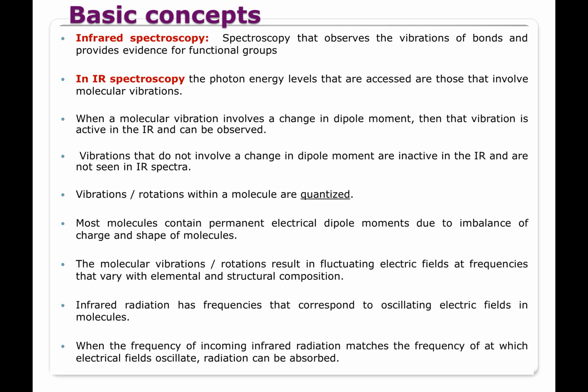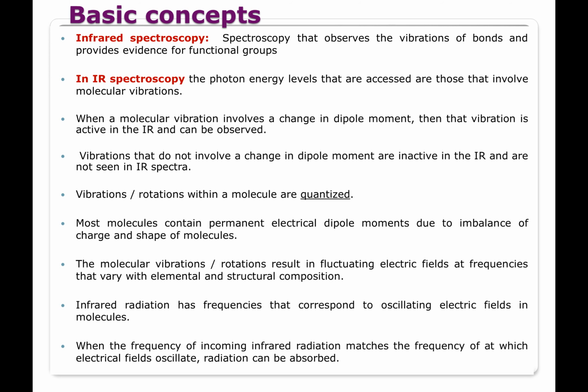Only those molecular vibrations that bring about some change in the dipole moment of the molecule are observable, recordable, and are called active IR vibrations. And vibrations that do not involve a change in dipole moment are inactive in the IR and are not seen in the IR spectrum at all.